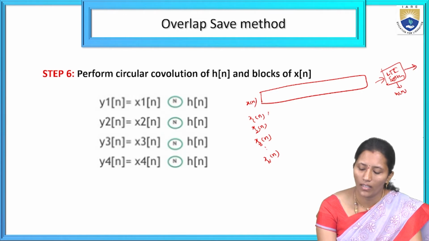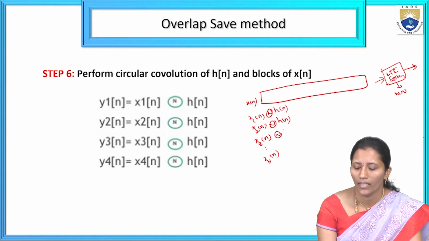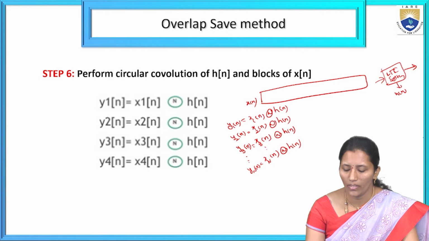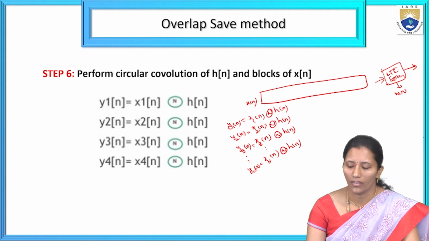So we can convolve each segmented block with h of n. So we will get y1 of n, y2 of n, y3 of n. Like that we will get the individual output responses of the particular blocks.